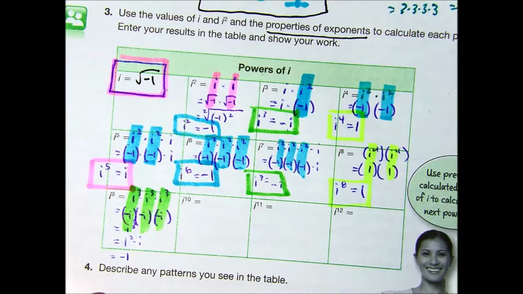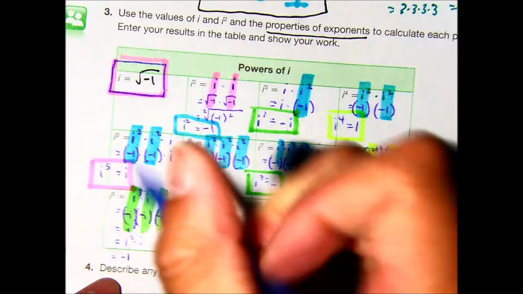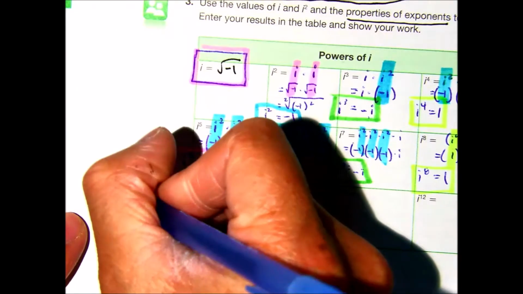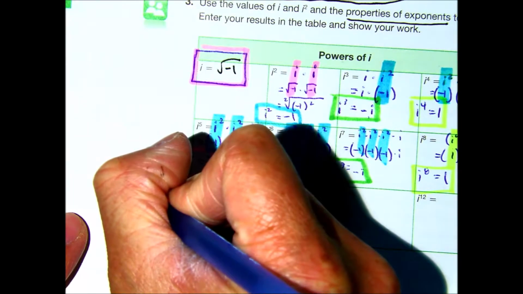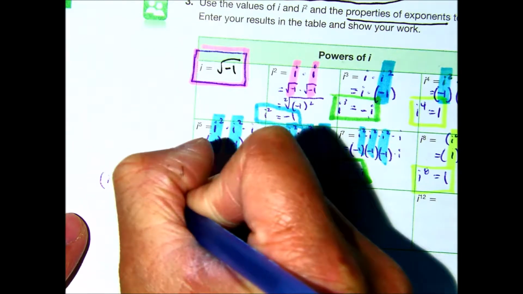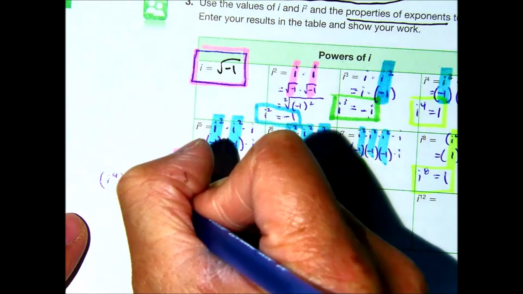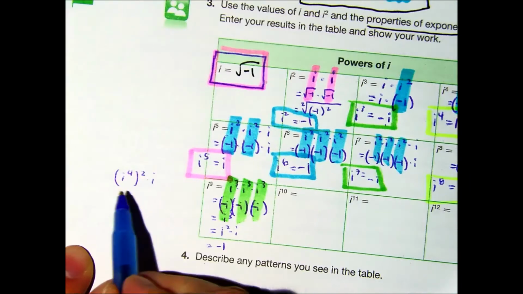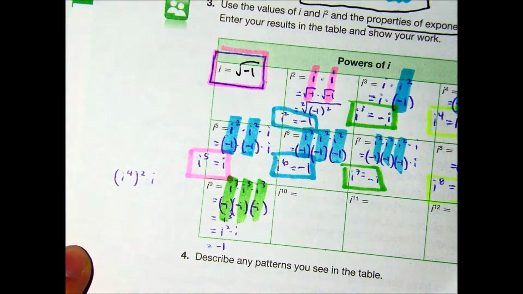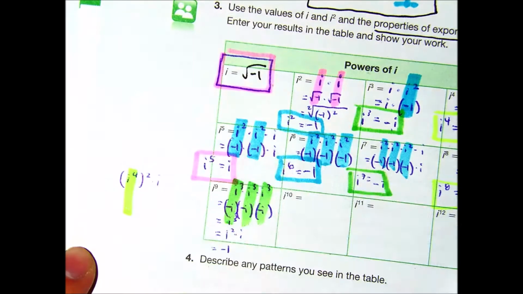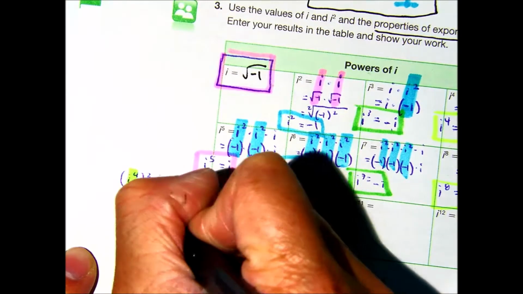I did i to the 4th, watch this guys, i to the 4th squared times i. i to the 4th power is equal to what? 1. I think 1 is an easy number to work with. So I have here 1 squared times i. 1 squared is? And 1 times i is just? i.